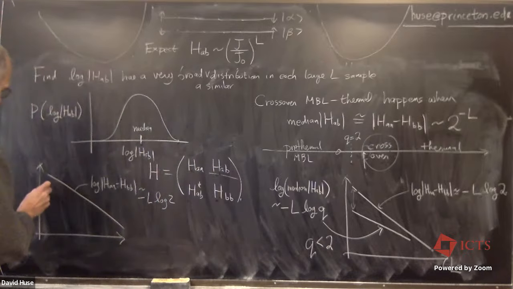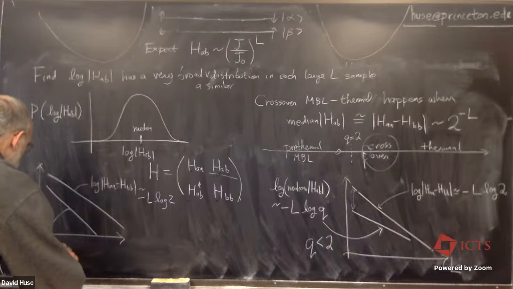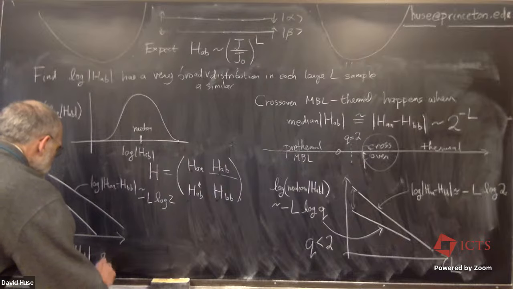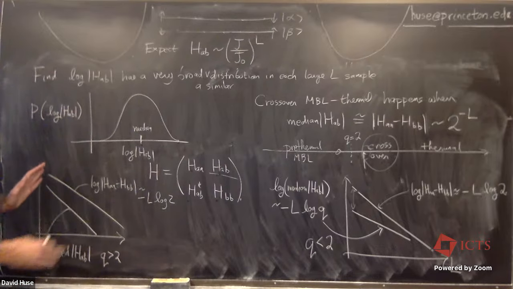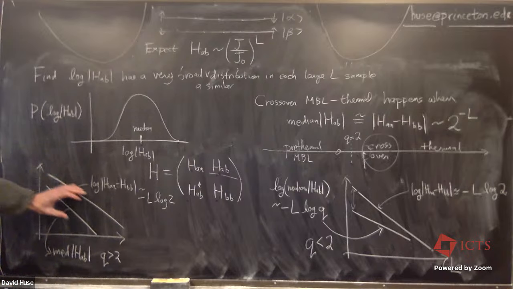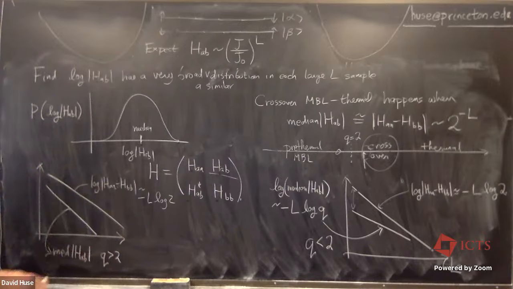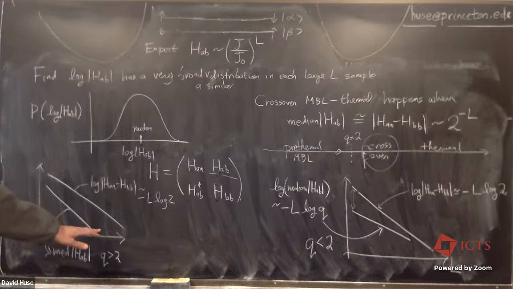And now the median HAB has a steeper slope, Q greater than 2, in the regime we can study. And so it looks like the resonances will become rarer and rarer as we go to larger system sizes.